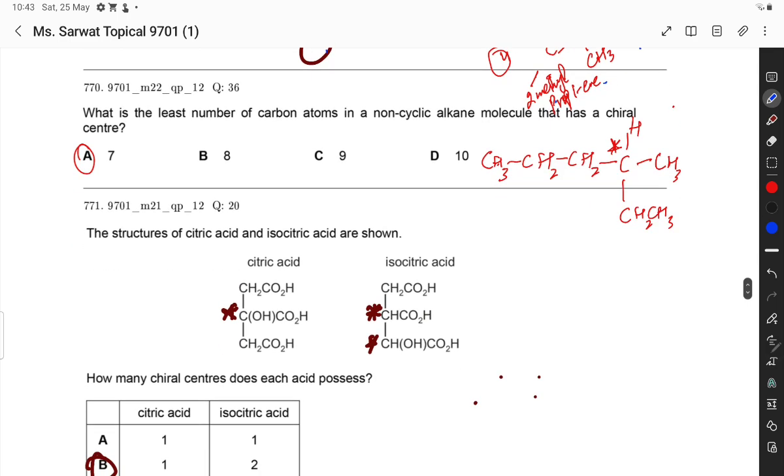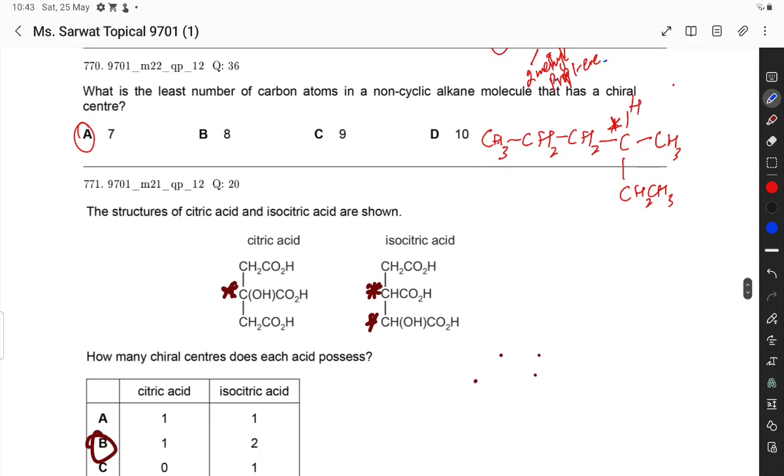What is the least number of carbon atoms in a non-cyclic alkane molecule that has a chiral center?